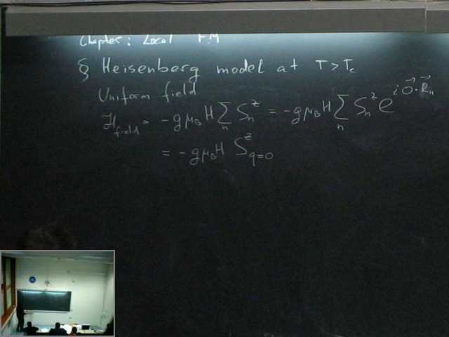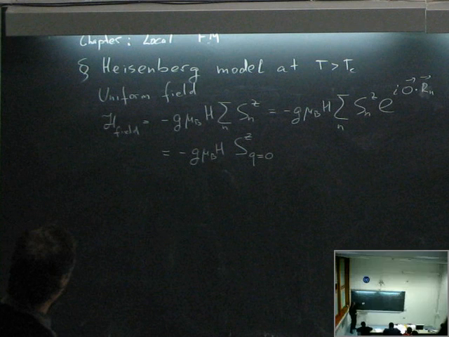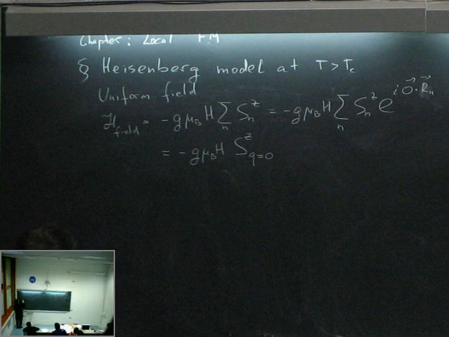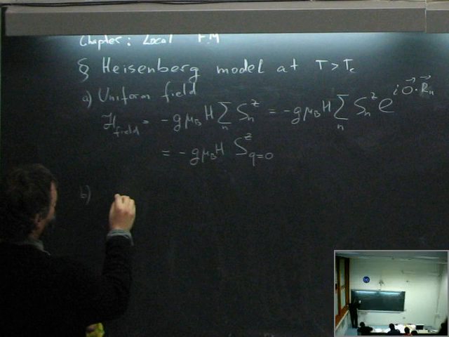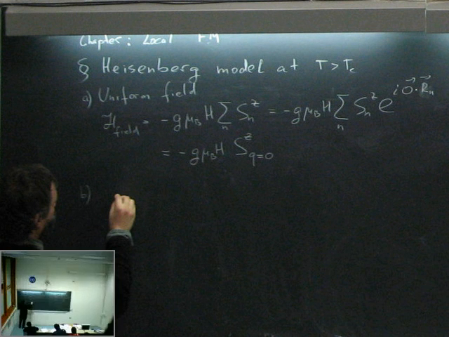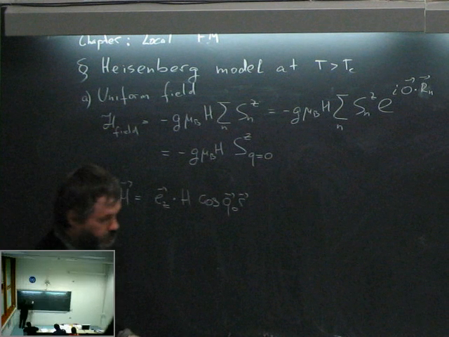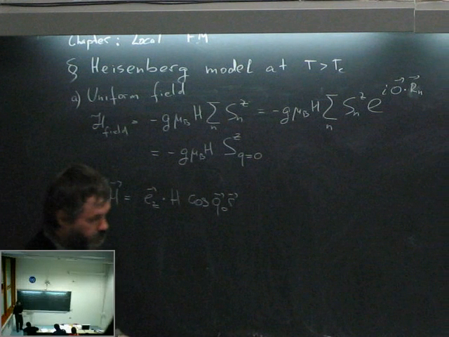Okay, let's assume that we generalize this model for a field which is not spatially uniform but non-uniform. So let's assume that H is equal to e_z times H times cosine Q_0 R. What does it mean?